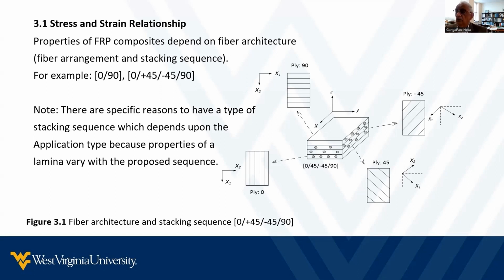Now, you can see the various laminates, and some of these laminates may have unidirectional fibers in the X direction. Other laminates may have unidirectional fibers in the Y direction. There are no fibers running in this particular case in the Z direction.